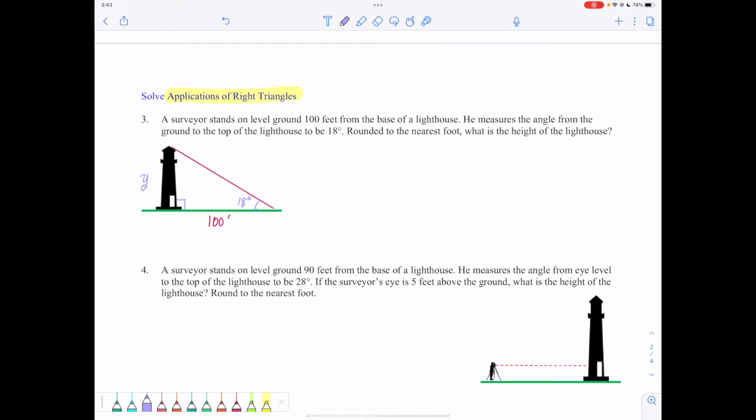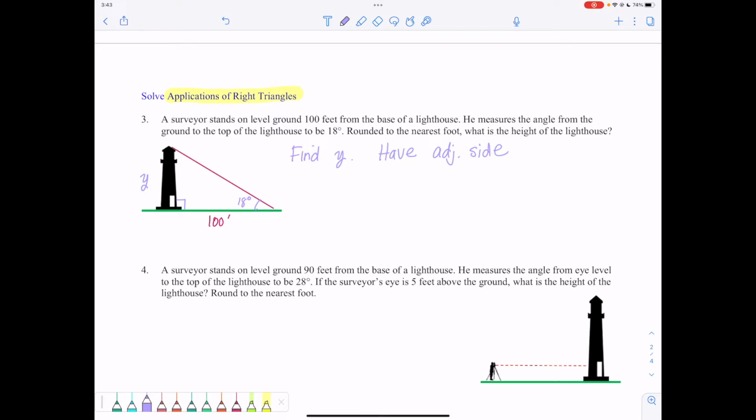So we're looking for y. What do you notice? We want to find y, and what we have is the adjacent side.